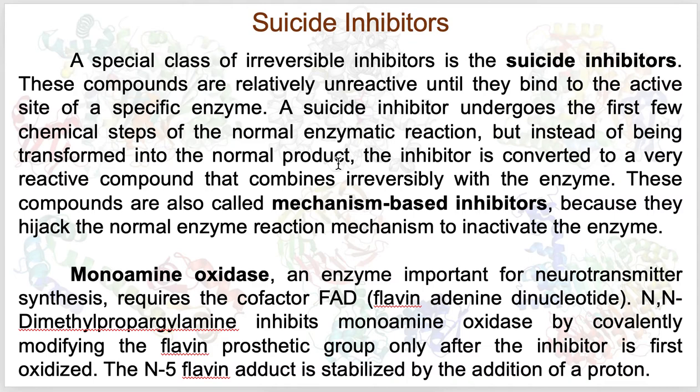But the original substrate turns into product, while the suicide inhibitors don't turn into products. Rather, they turn into a form which is very reactive and which can irreversibly bind with the enzyme and inhibit it. That's why these are called suicide inhibitors, because the enzyme is catalyzing a compound which doesn't become the product, rather it inhibits the enzyme itself.